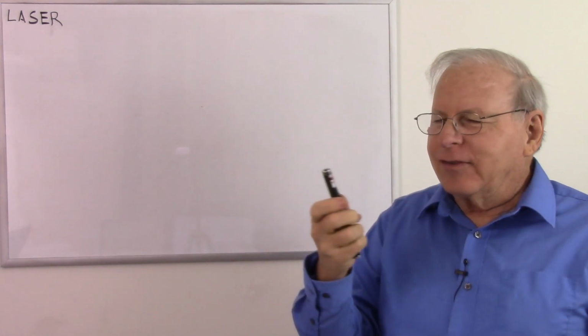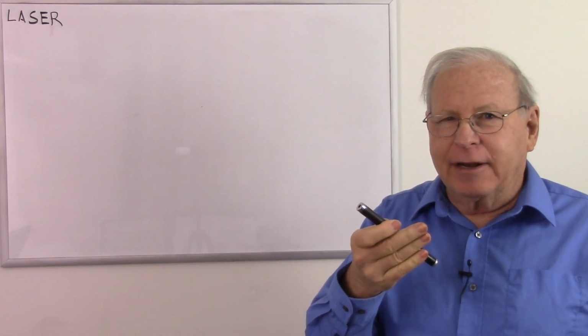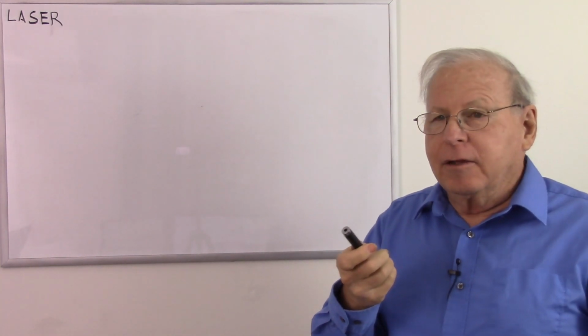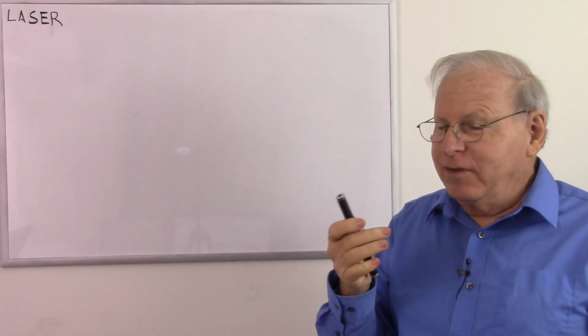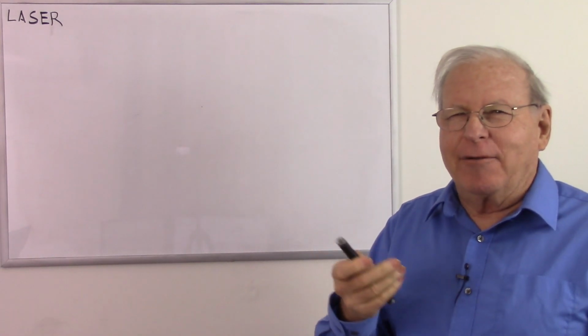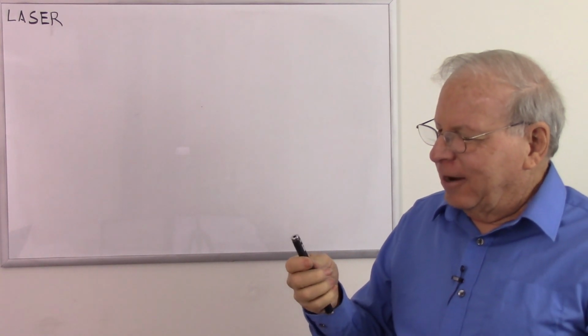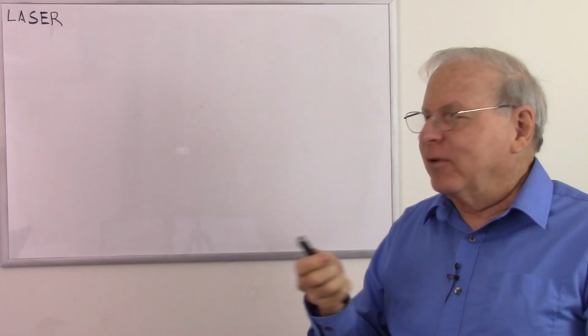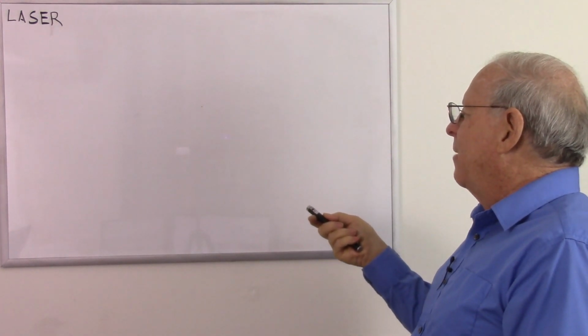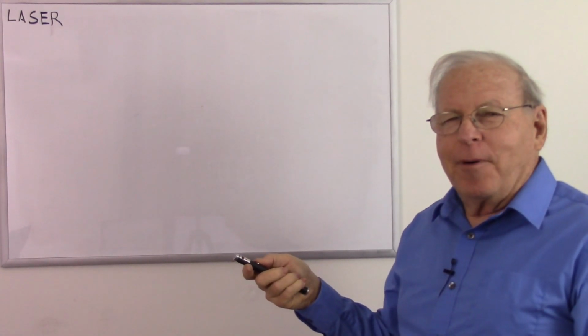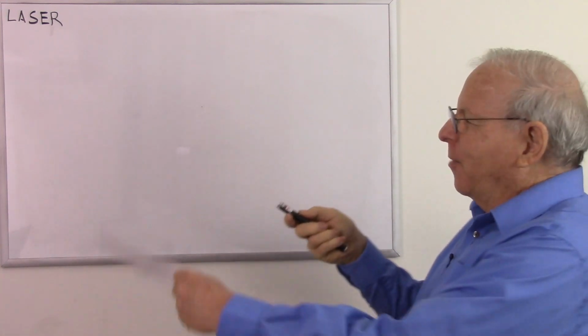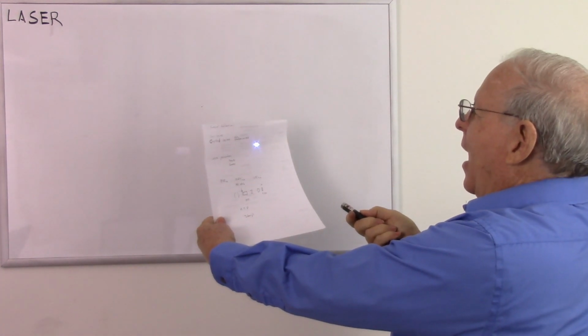When I first bought this, I put a battery in it and I turned it on and the beam was almost invisible. I said, oh, that's a bad battery. Put another battery in, same thing. And I thought, well, that sucks. I got a bad laser. Its beam is almost, well, you can't see that on the camera, I'm sure. Then I pointed it at something that had some optical brighteners in it. Whammo!